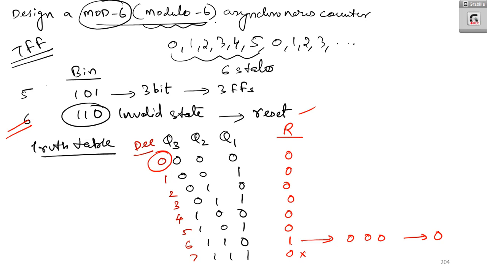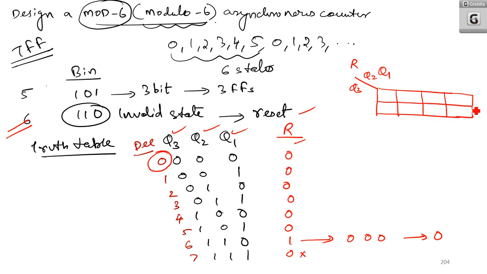Now, coming to the K-map. Here we need to derive an expression for R in terms of Q3, Q2 and Q1. So I am going for R. I am having Q3, Q2, Q1.